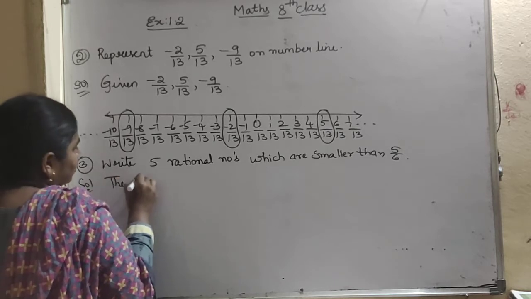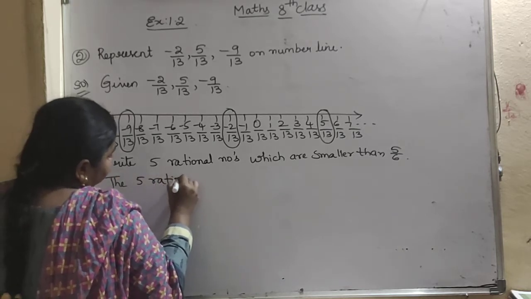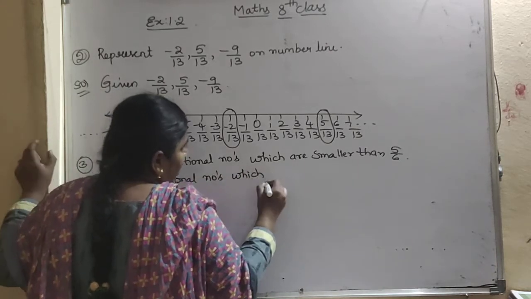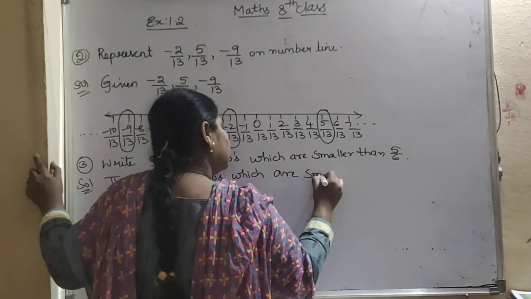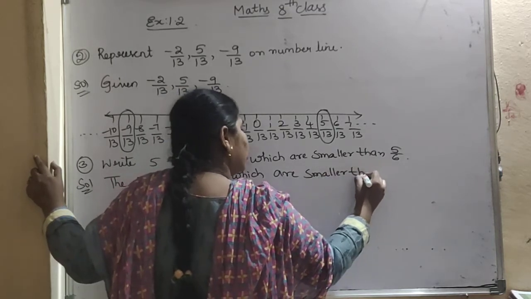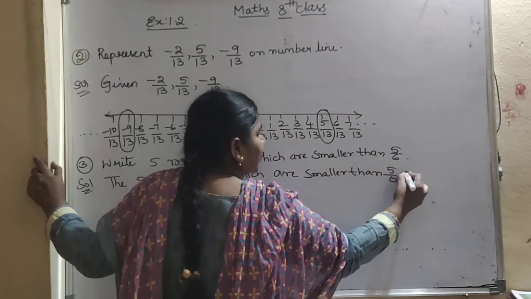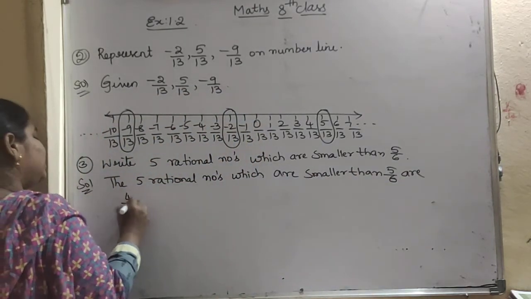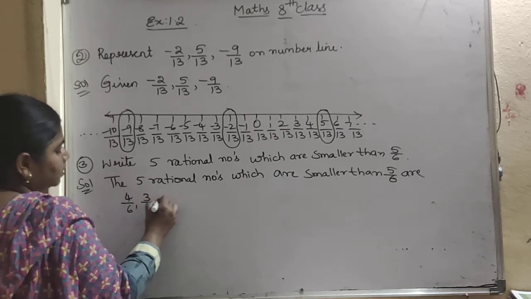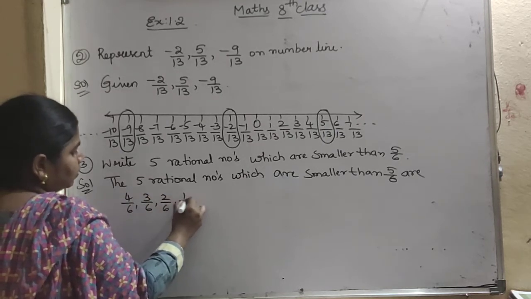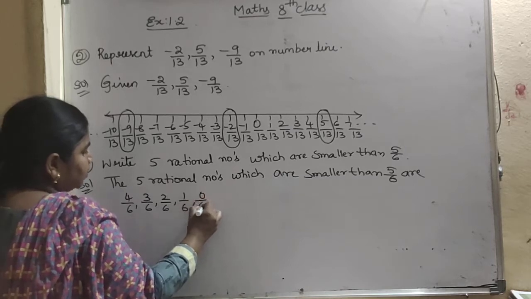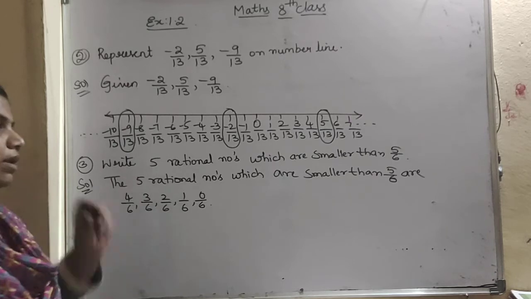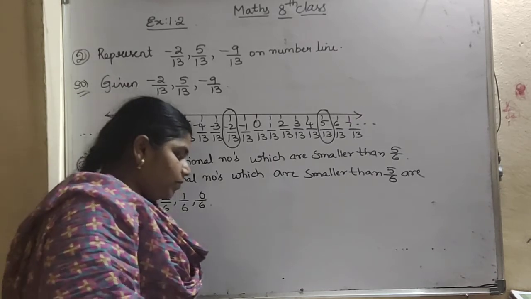The 5 rational numbers which are smaller than 5 by 6 are: you can take it as 4 by 6, 3 by 6, 2 by 6, 1 by 6 and 0 by 6. So these are the 5 smaller numbers than 5 by 6. So this is our third bit.